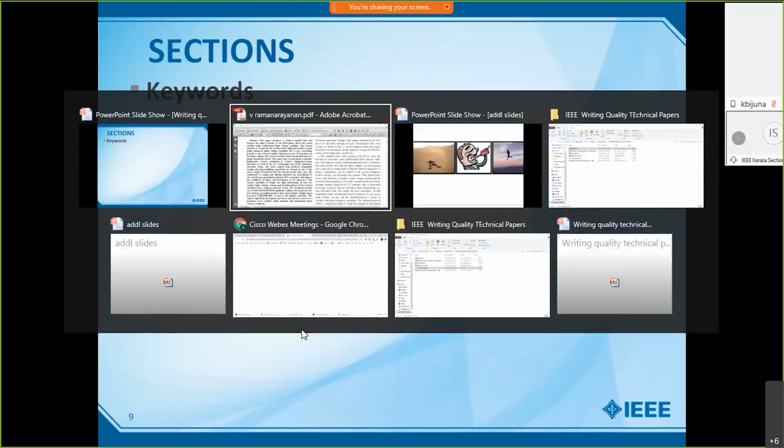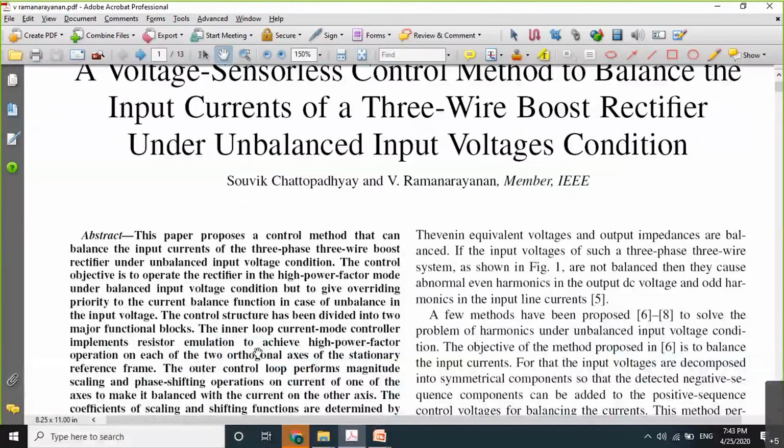Usually 4 or 5 index terms have to be put there suitably, so that people who search will be able to find your paper. So use the right words so that your paper is found by the search engine, by the people who are searching for the paper.